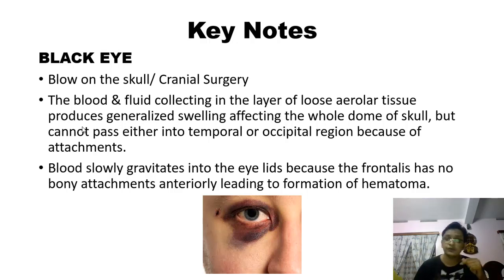This happens because the frontal belly has no bony attachments anteriorly, leading to the formation of a hematoma, which we call a black eye. It is a kind of circumorbital hematoma of the eye, also termed black eye.